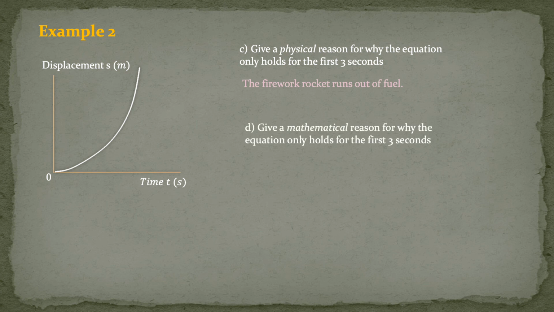Now give a mathematical reason for why the equation only holds for the first 3 seconds. Well, if you look at the equations for displacement and velocity, it suggests that the displacement and the velocity continue to increase indefinitely with time. Now clearly that is impossible.